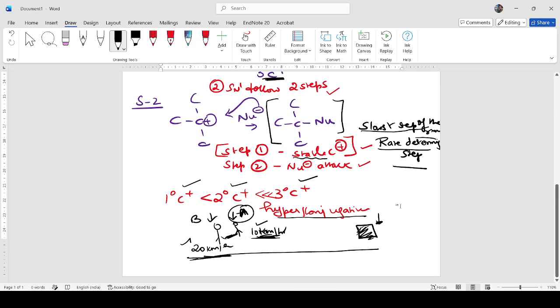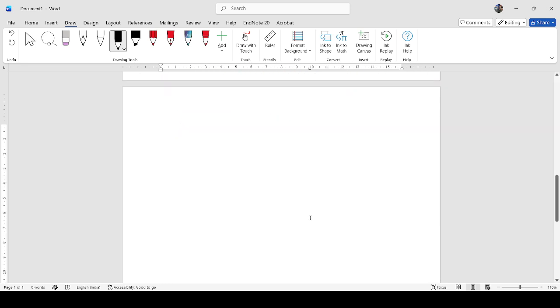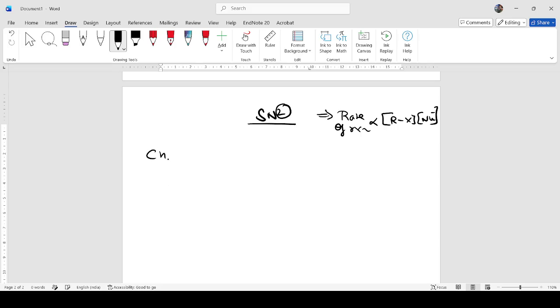Now we are moving to SN2. Let's move to the SN2 reaction. The number 2 tells you that the rate of the reaction is going to be dependent on both RX as well as the nucleophile. Both are important for us. So if I look at the alkyl halide that I'm taking, CH3Br, it is a methyl halide or even a primary halide.